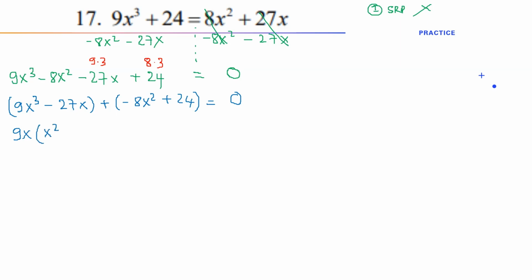Left with x squared minus 3. I take the negative 8 out, left with x squared minus 3.